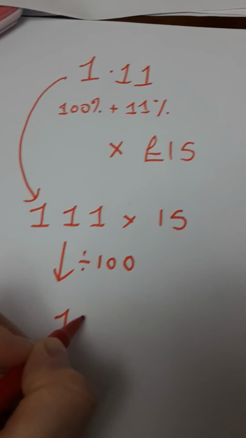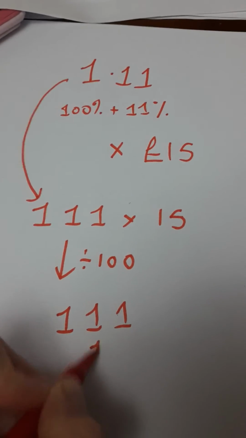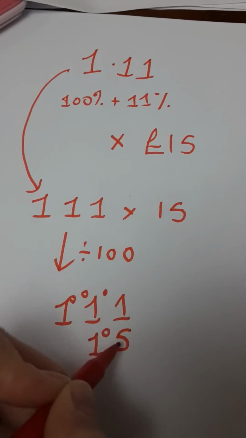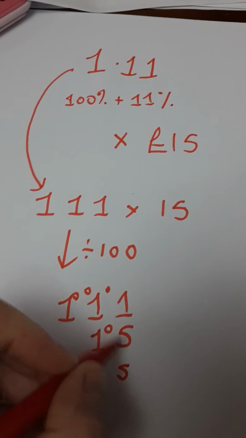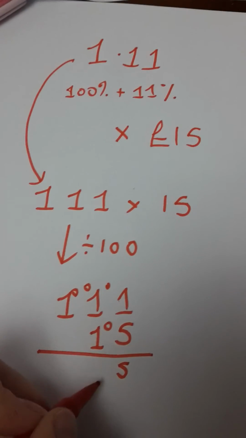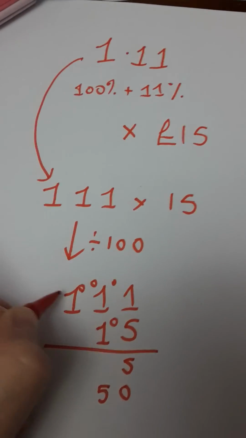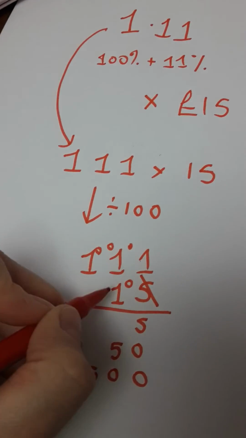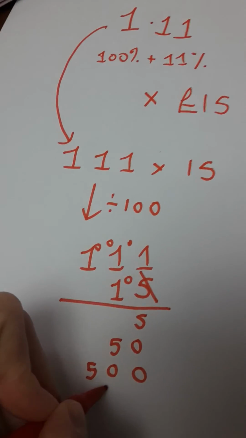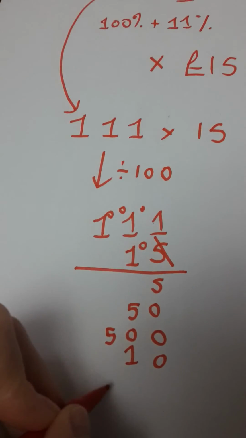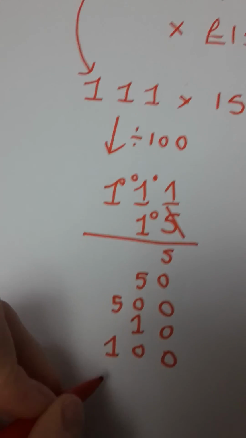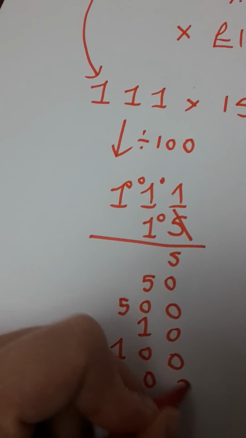So 111 times by 15, 5 times 1 is 5, 5 times 10 is 50, 5 times 100 is 500, cross it through, 10 times 1 is 10, 10 times 10 is 100, and 10 times 100 is 1,000.